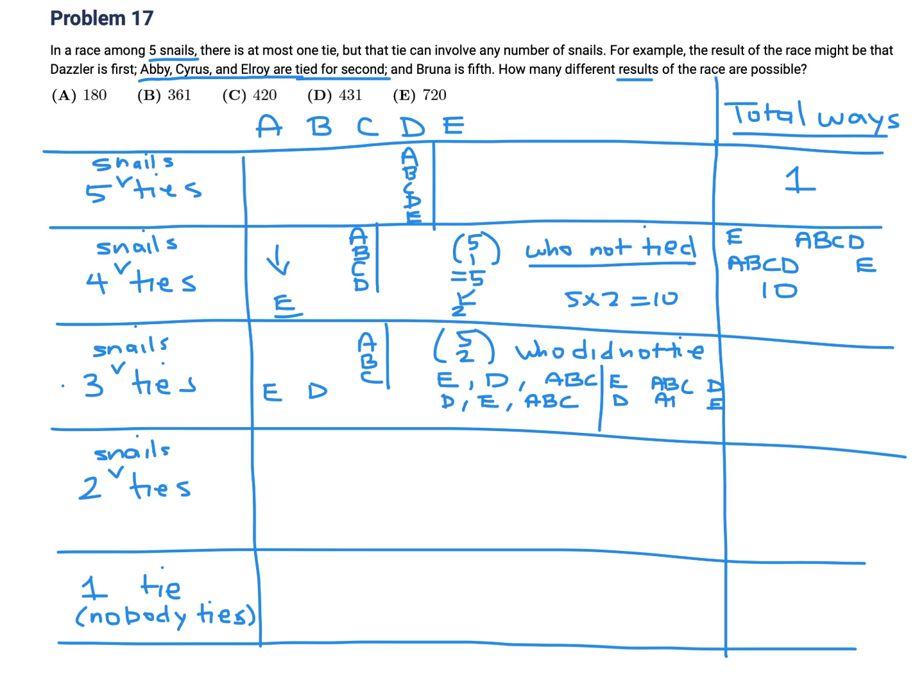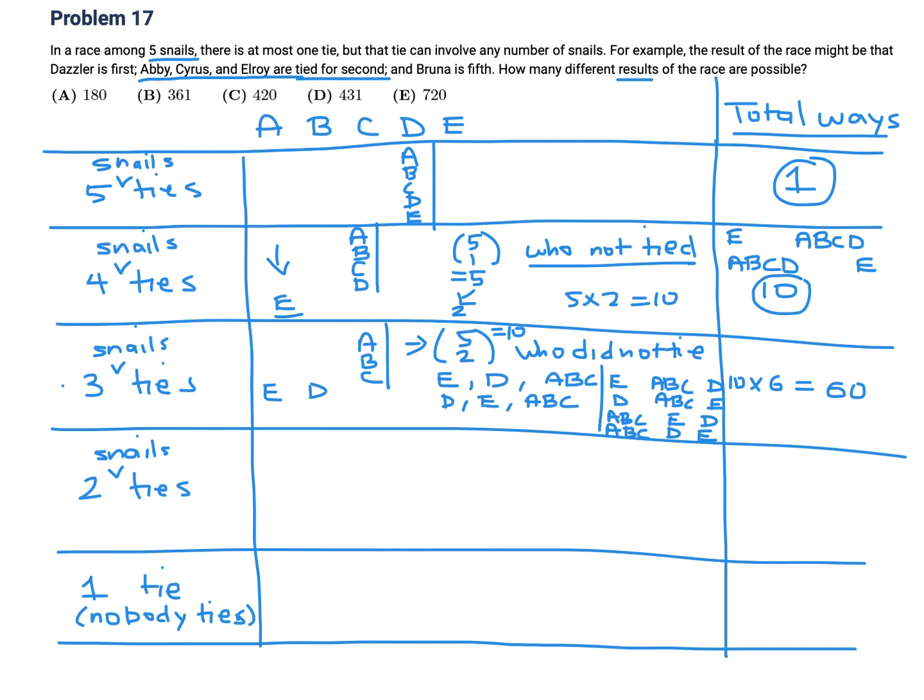Or you could have A, B, C who came last, and then E and D who come, I guess, first and second. So as you can see, like I had originally thought, 6 different permutations. So then you take this 5, choose 2, and multiply by 6. And 5, choose 2 is 10, I believe. So it'd be 10 times 6, which is 60.